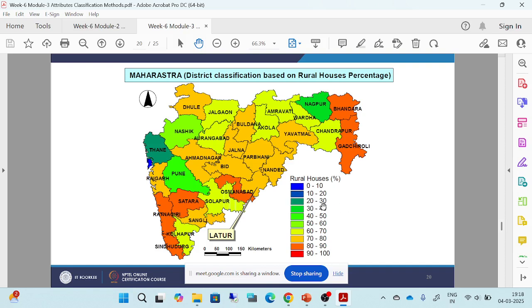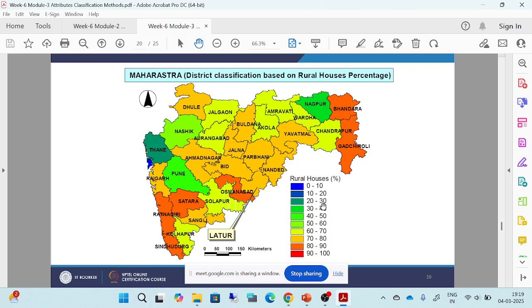What they are trying to imply by rural houses is the kacha house and pakka house classification, right? Pakka houses are the ones made from cement, concrete, iron bars, and all those things. Unlike that, rural houses are mostly made of mud and stones.